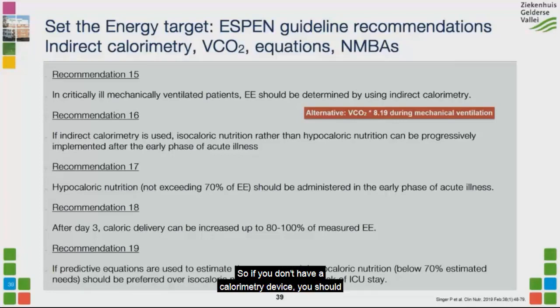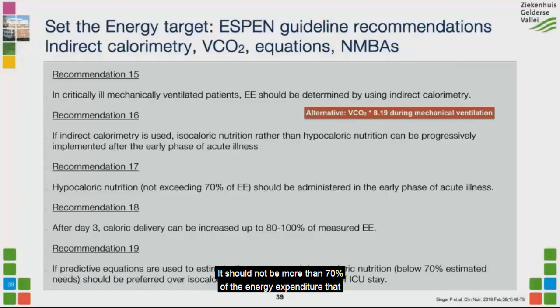So if you don't have a calorimetry device, you should use, of course, the predictive equations to estimate the energy expenditure of the patient. But they're rather unreliable, and then you should focus on hypocaloric nutrition because we are afraid of overfeeding the patient.